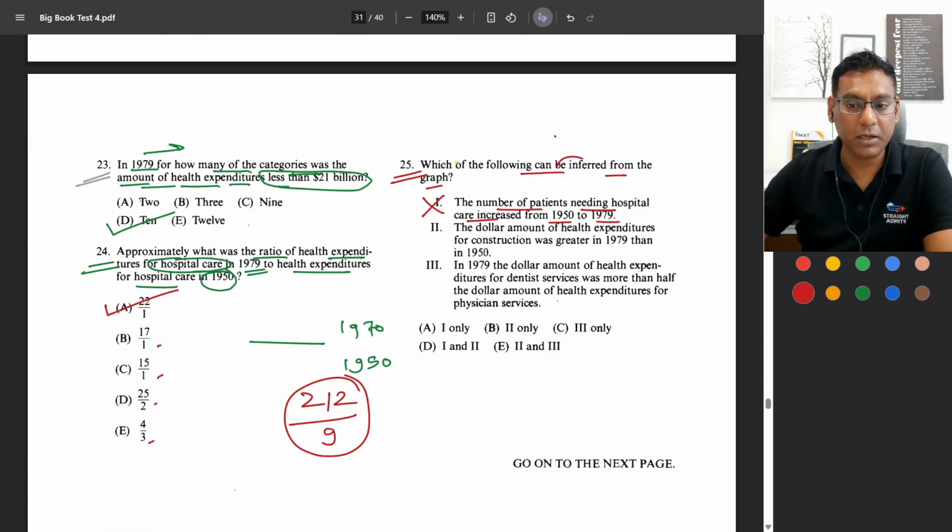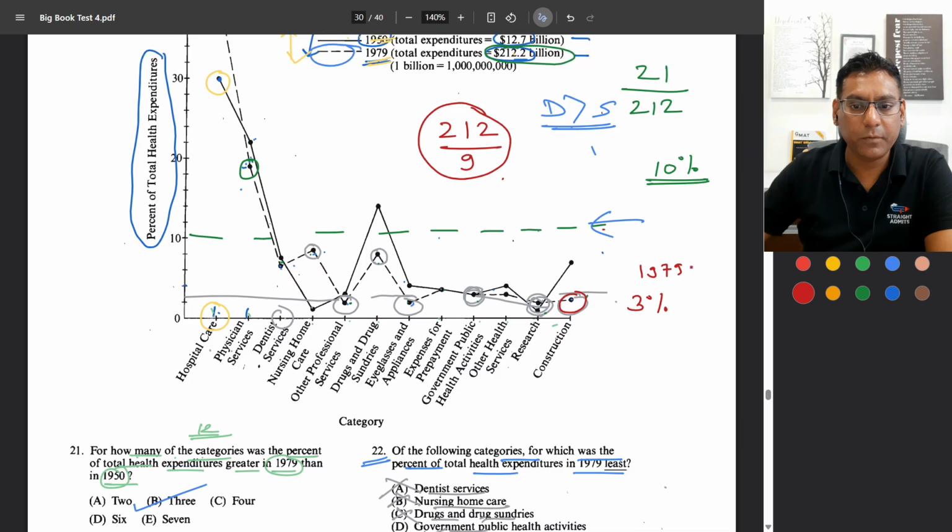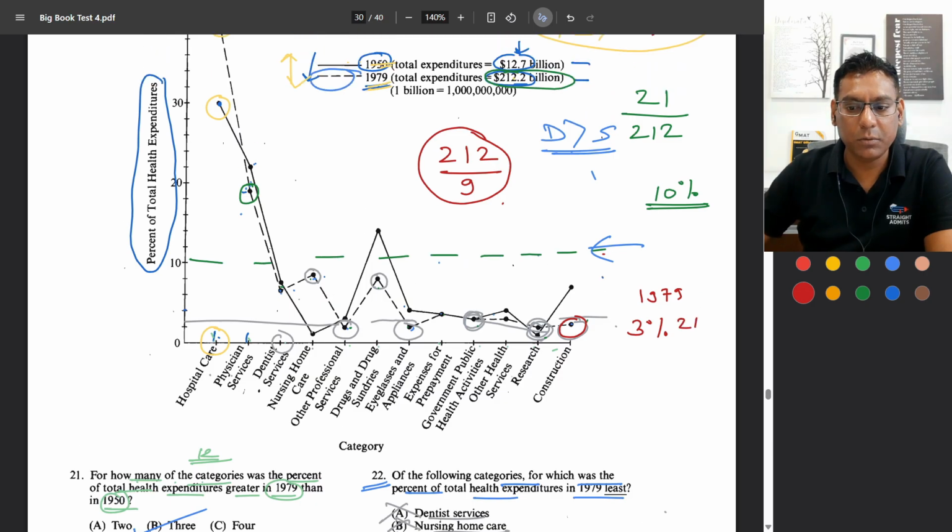I cannot infer this. The dollar amount of health expenditures for construction was greater in 79 than in 50. Okay, so let's find out construction. Construction is this. In 1979, the construction was something like 3% of 212.